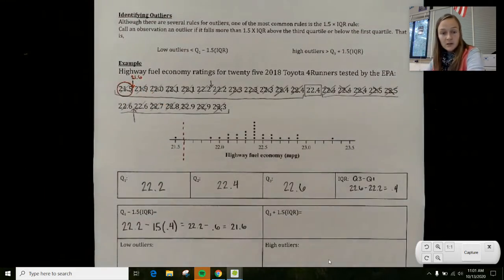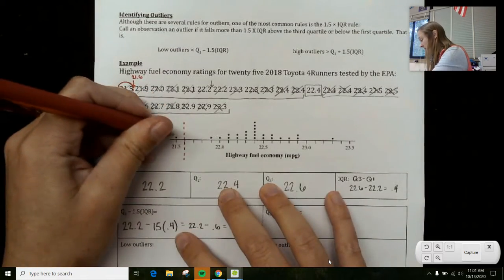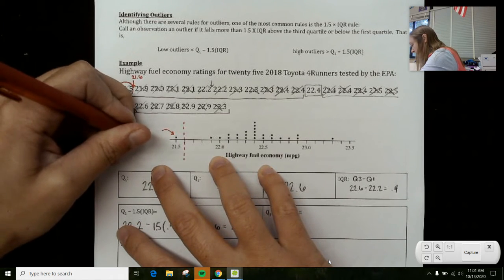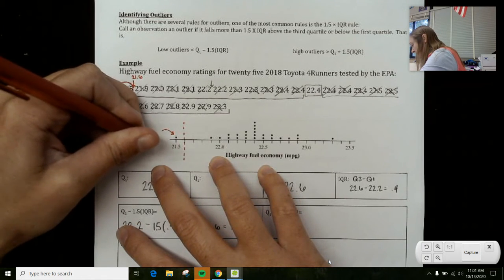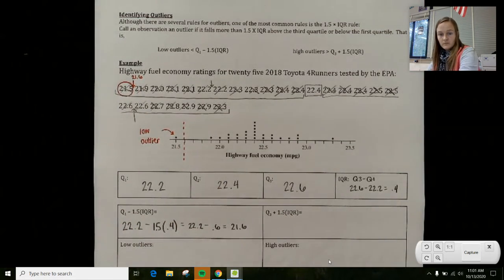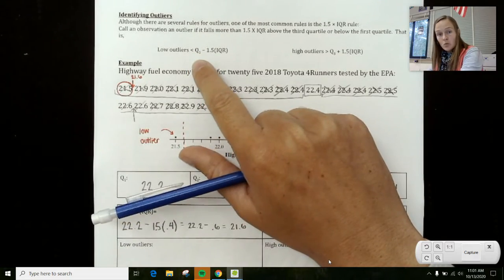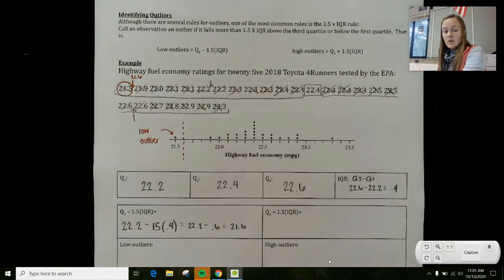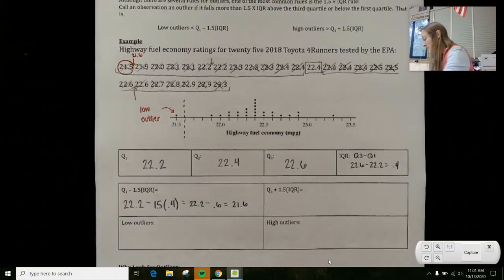And if I drew a little dotted line, you can see that this is a low outlier. So that point is less than Q1 minus 1.5 times the IQR. So a low outlier would be 21.5.